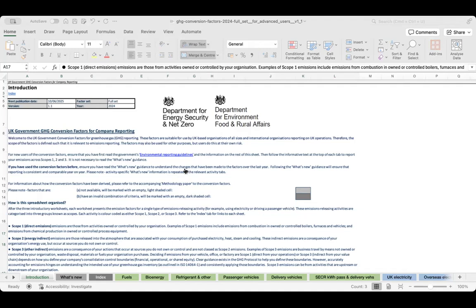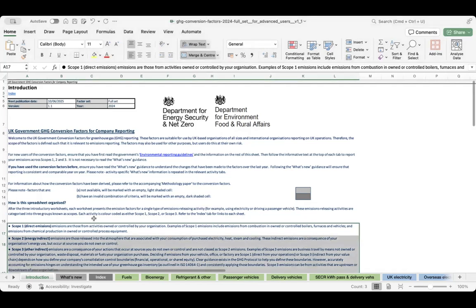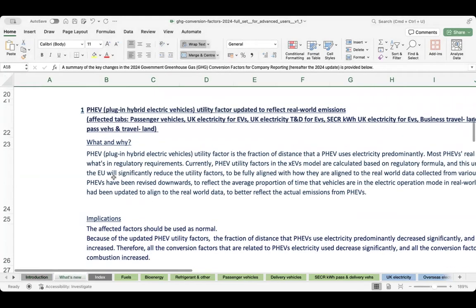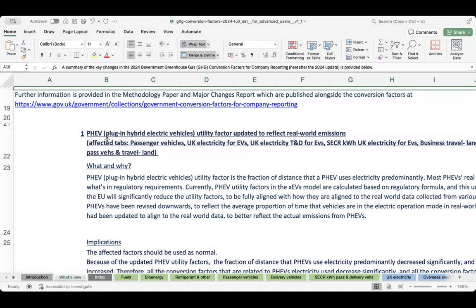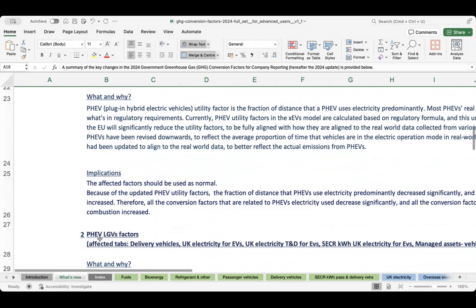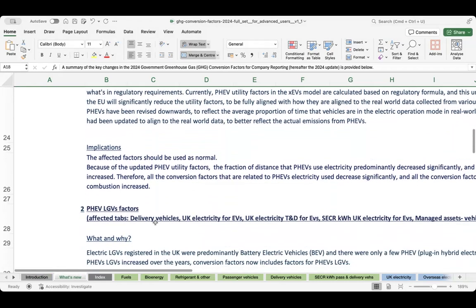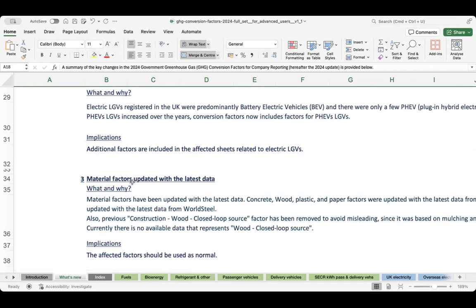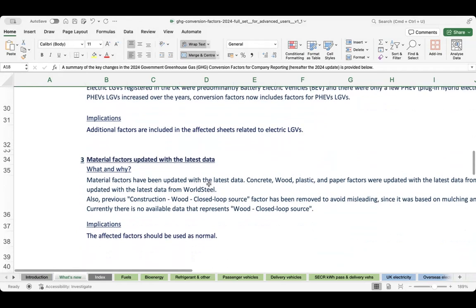How this spreadsheet is organized is very simple. If you want to see how it is organized, look at sheet number 3, and let me show it to you. So what's new? In 2024, what's new is completely different. They considered the PHEV, plug-in hybrid vehicle, which was new at that point in time, and LGV factors for delivery vehicles, electricity, etc. They also updated material factors with the latest data.